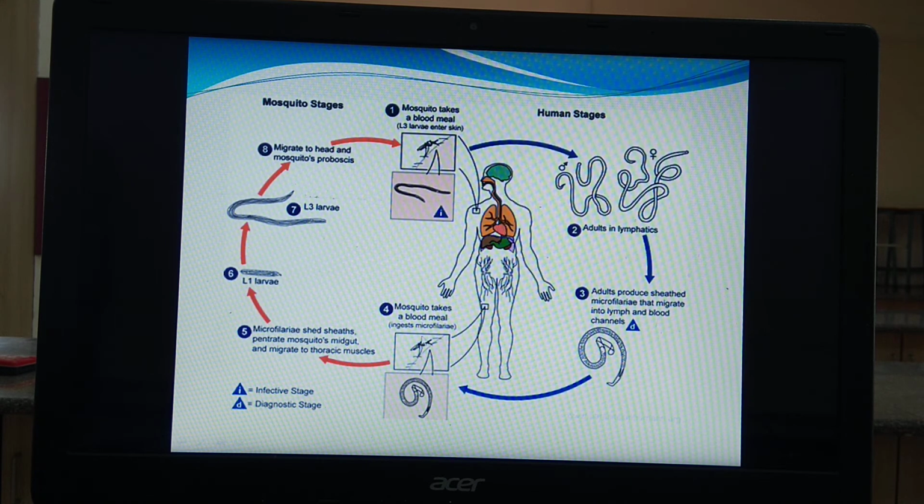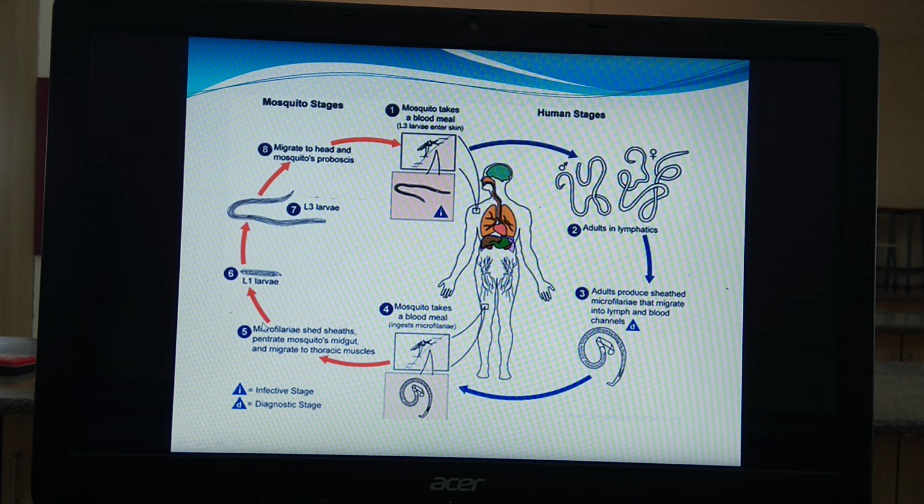When microfilariae are ingested into this female Culex, molting takes place and it converts into larva 1, larva 2, larva 3.